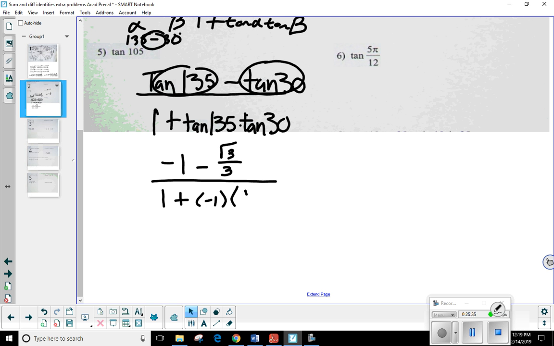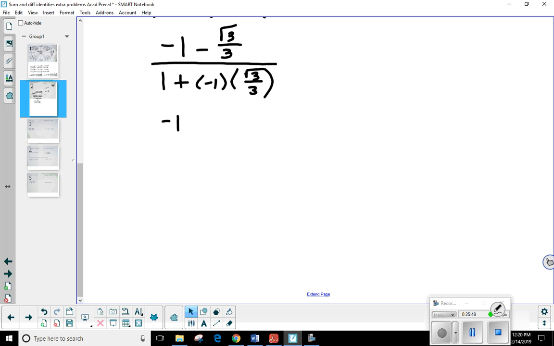So square root of 3 over 3. And there we go. Now, this one's going to take just a little more algebra to finish up. Let's take a look at what we got. I have negative 1 minus the square root of 3 over 3 over, well, you're multiplying that by a negative, so that's going to be 1 minus the square root of 3 over 3.